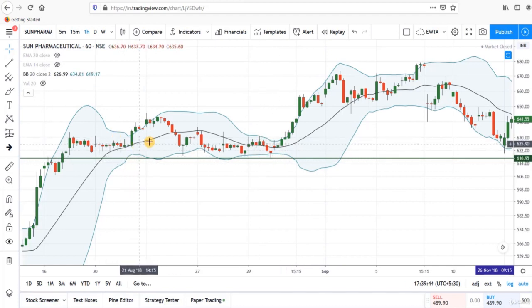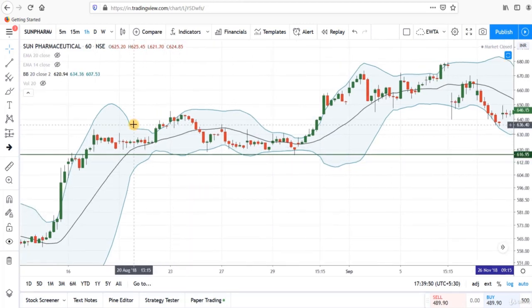So whenever prices move sideways and Bollinger Band goes sideways, we shouldn't trade the stock. You can see here prices are going in an upward direction and Bollinger Band is also going in an upward direction. All the bands are going upward, so we can trade the stock in the upward direction. But from this point there is a sideways movement in the Bollinger Band. Let me mark this point.